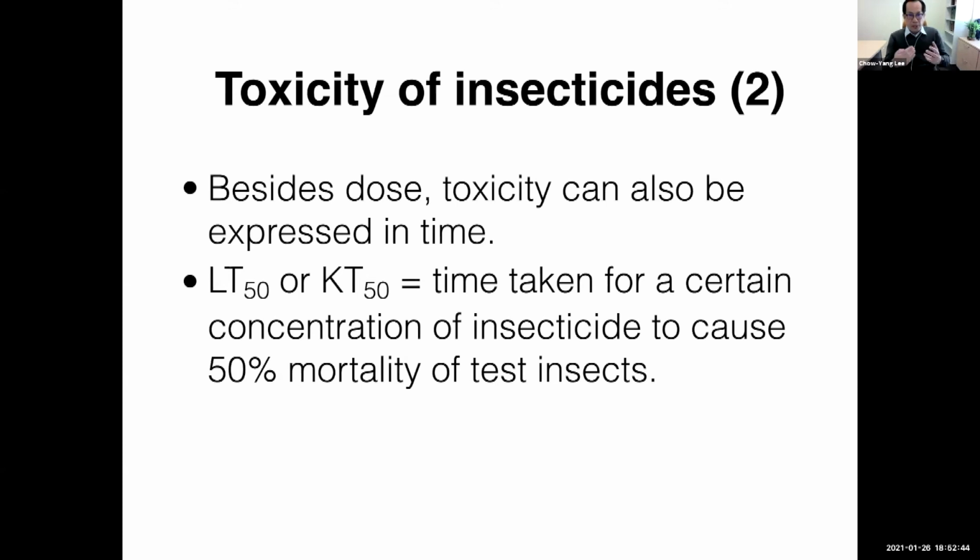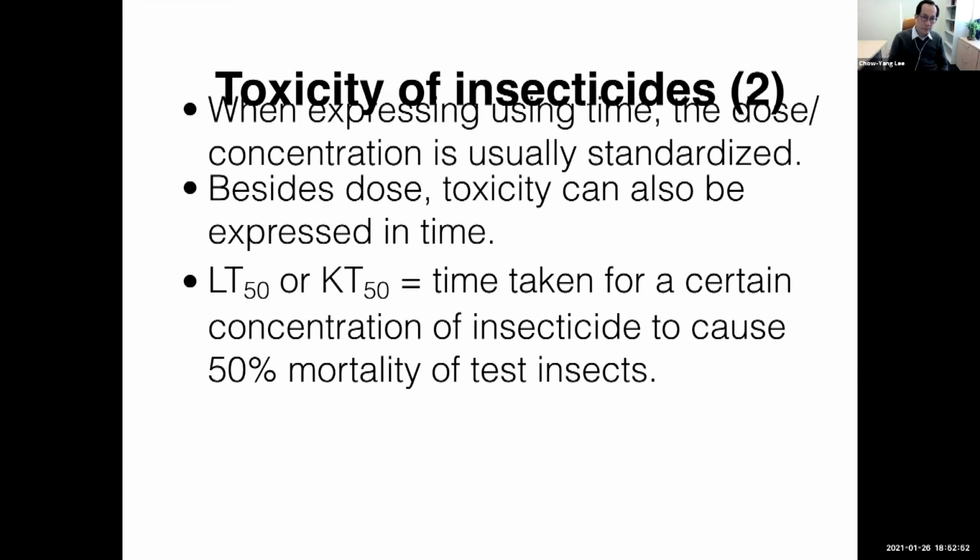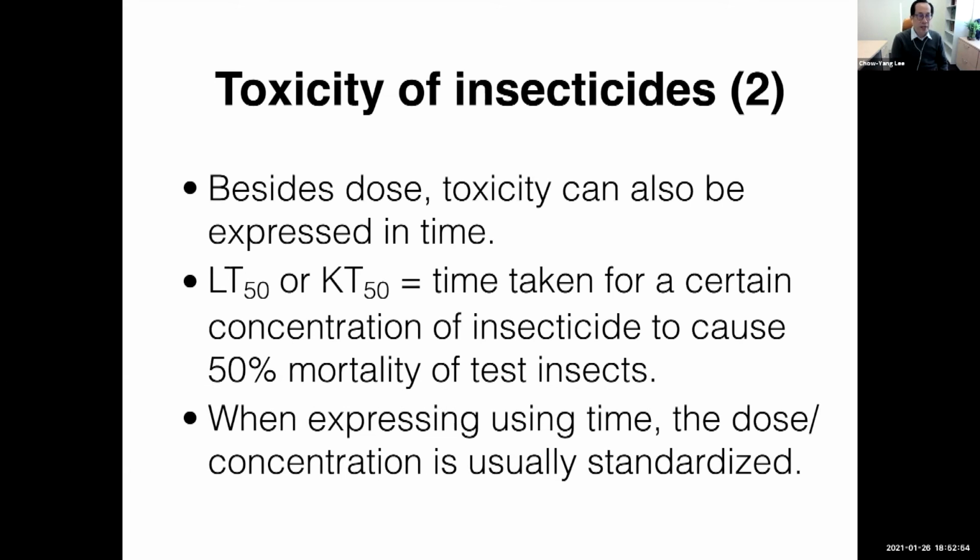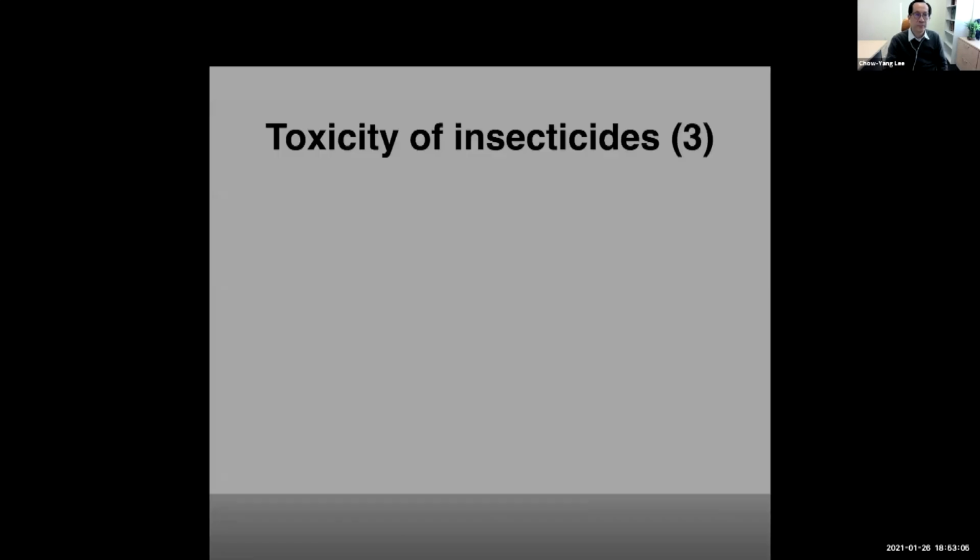That would be the time taken for a certain concentration of insecticide to cause 50% mortality of the test insects. When expressing with time, normally we will use one standard concentration, or one single dose, and that will be standardized.